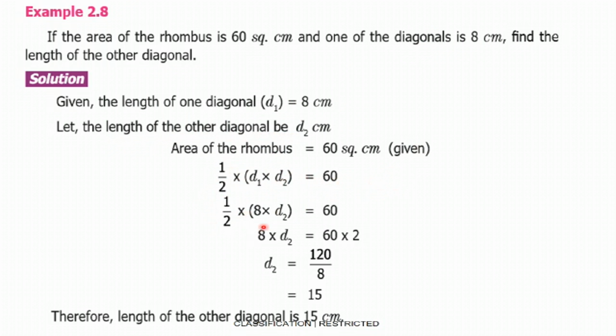Half into 8 into D2 equals 60. 8 into D2, so here the divide goes to the right hand side, it will multiply. So 60 into 2, 120. This multiply comes to the right hand side, it will come as divide. So 120 by 8 equals 15 centimeter. Therefore, the length of the other diagonal is 15 centimeter.